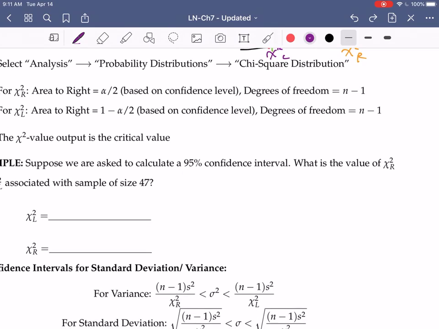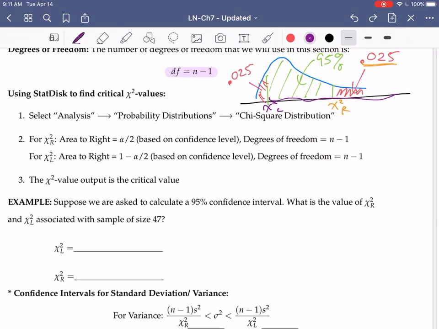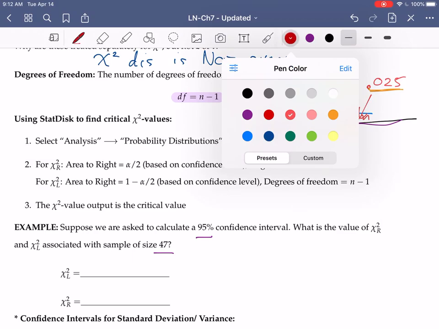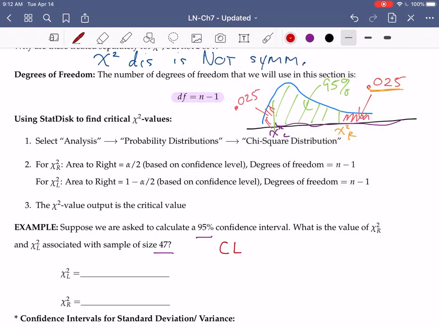All right, so let's go to StatDisk and we will calculate our critical values that are associated with a 95% confidence interval and a sample size of 47. So if the confidence level is 95%, then that tells us that our value of alpha is going to be 0.05.